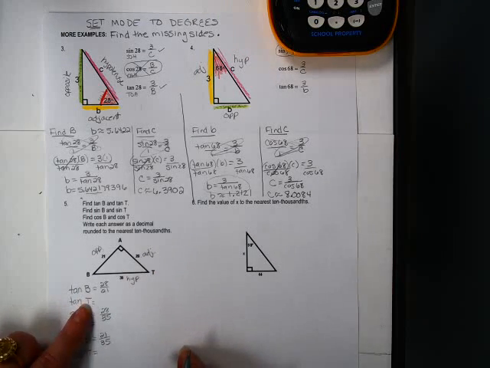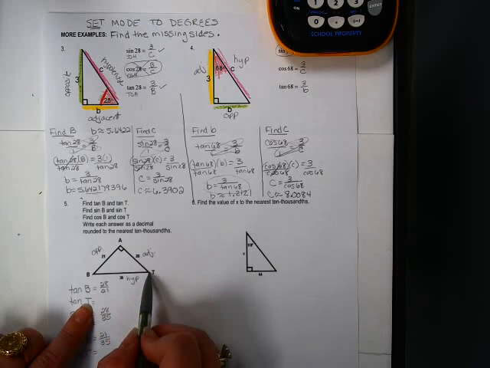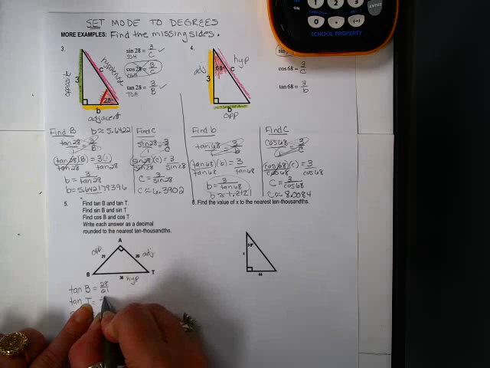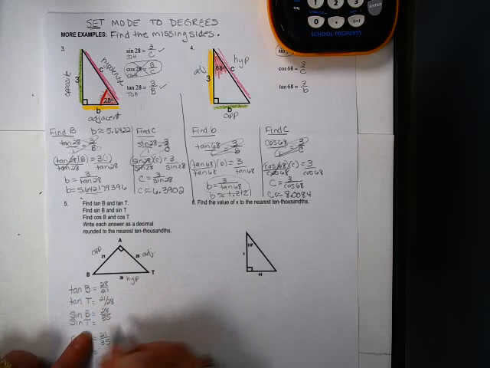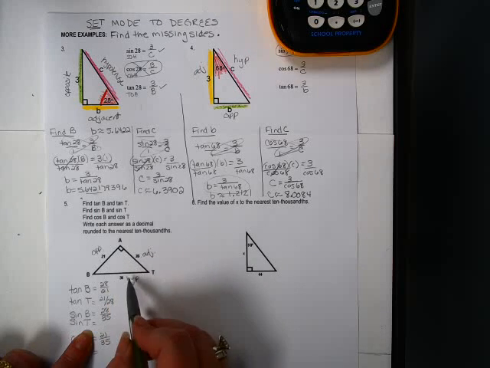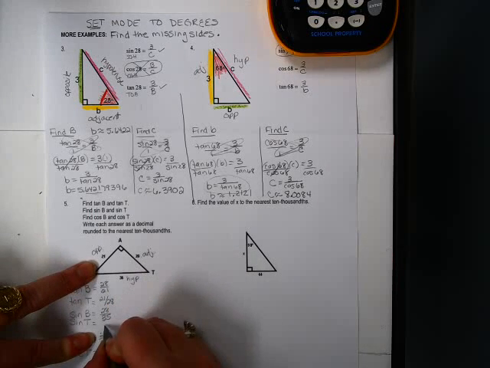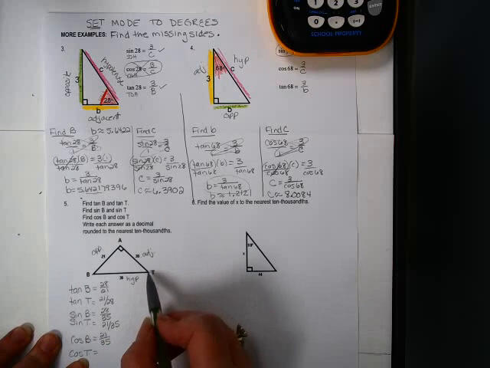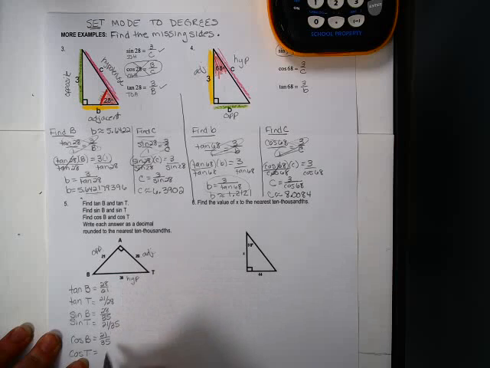So tan T is going to be 21 over 28. Sine T is going to be the opposite over hypotenuse, 21 over 35. And cosine T is going to be 28 over 35.